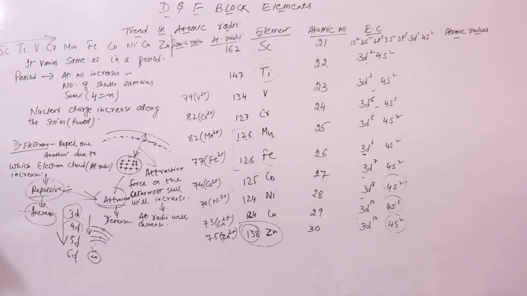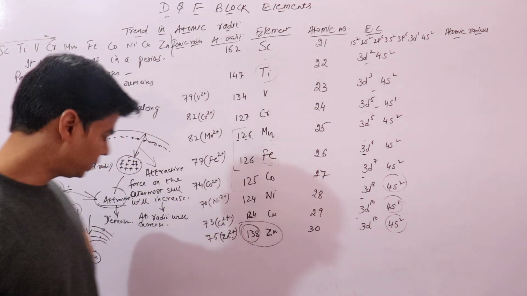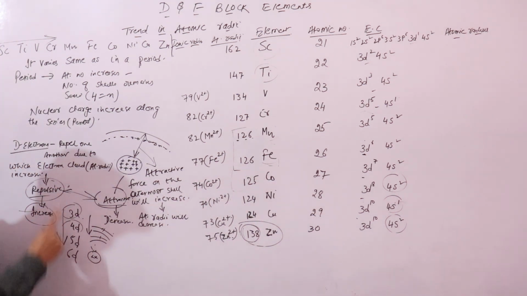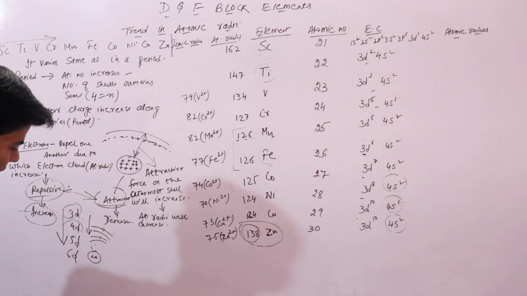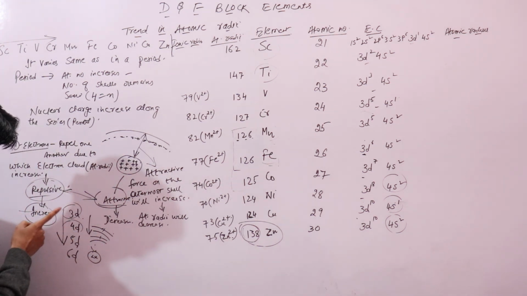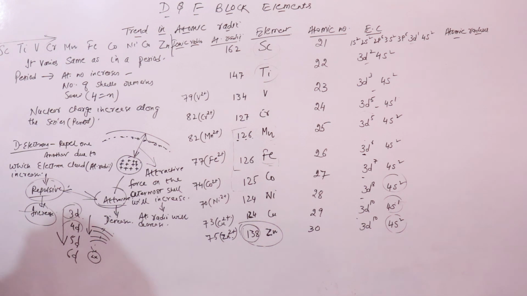But here again we have an abnormal behavior. The abnormal behavior is that the atomic radii of the second and third transition series are almost the same. The atomic radii normally increase down the group. In the elements of different series, you will notice an increase in the atomic radii from the 3d series to the 4d series.